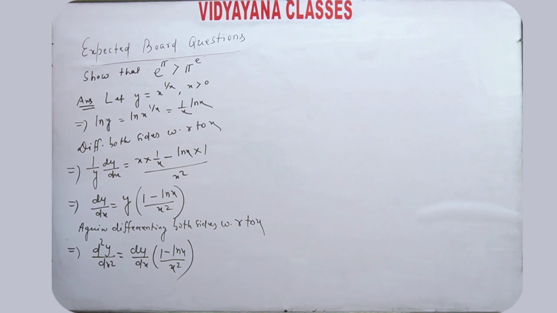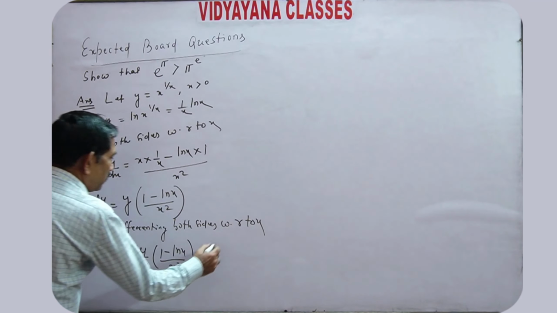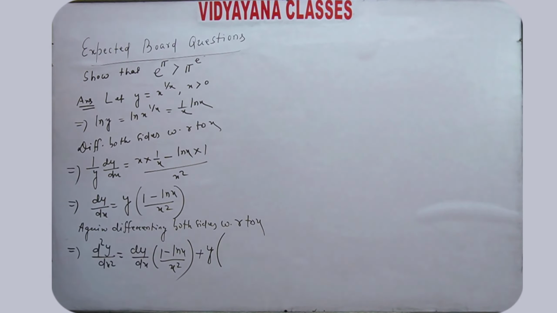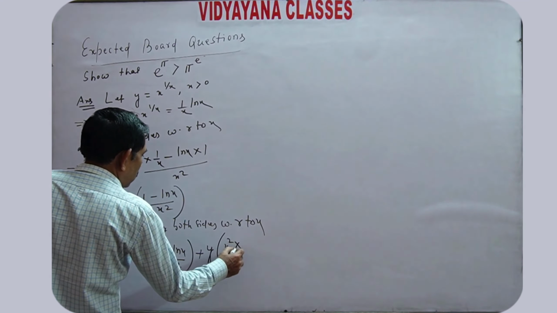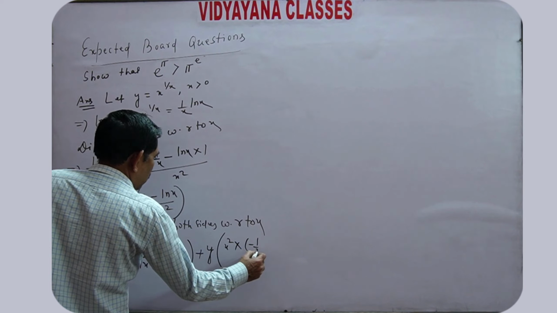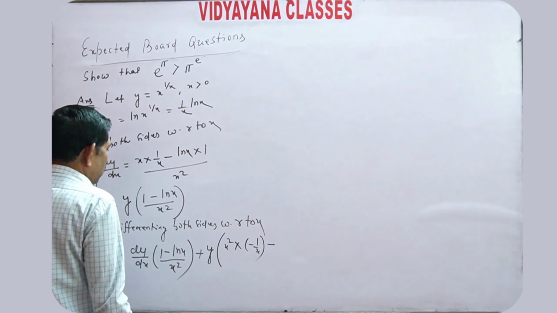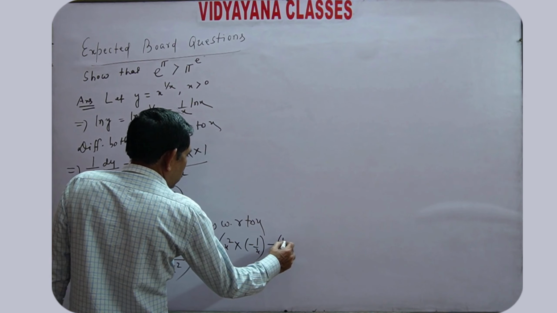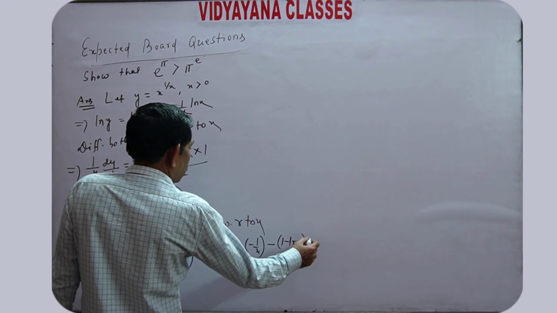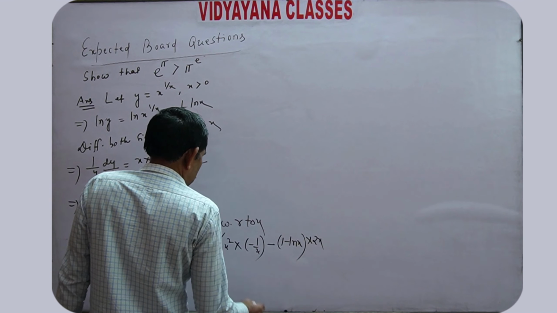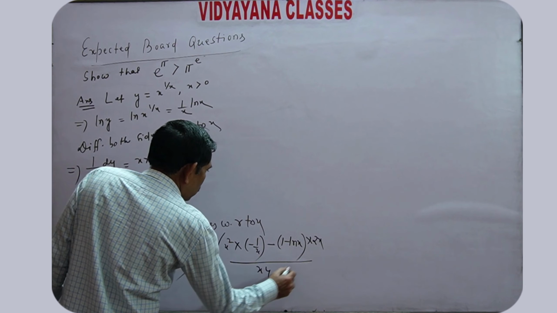V into derivative of u plus u, that means y, into derivative of v, in the form of u by v: x square into minus 1 by x minus (1 minus ln x) into 2x, whole divided by x to the power 4.